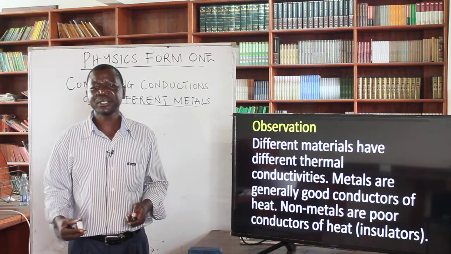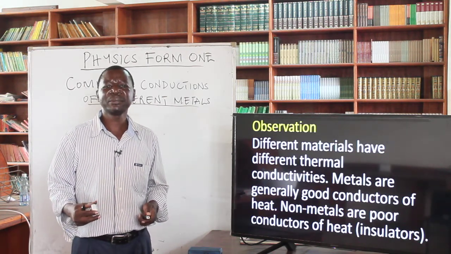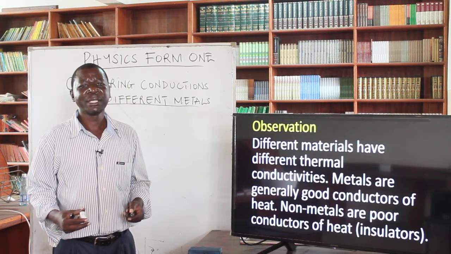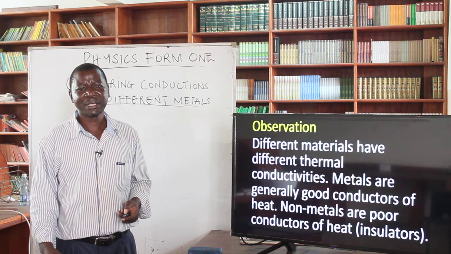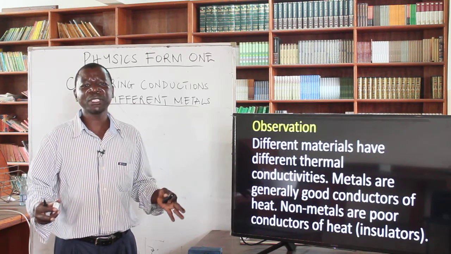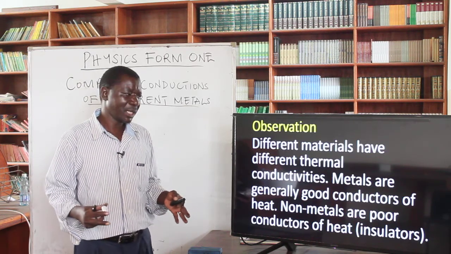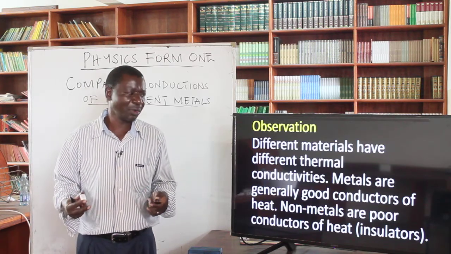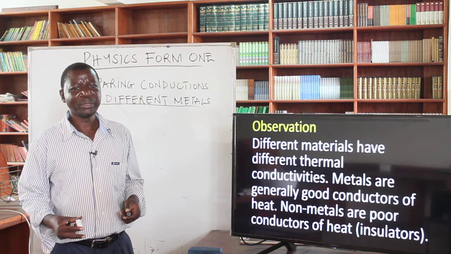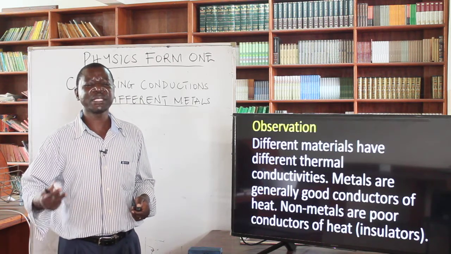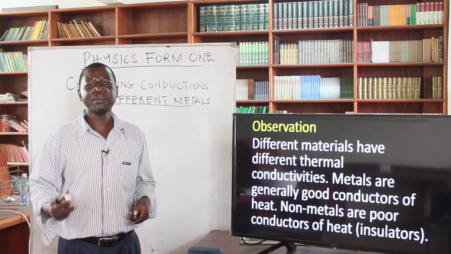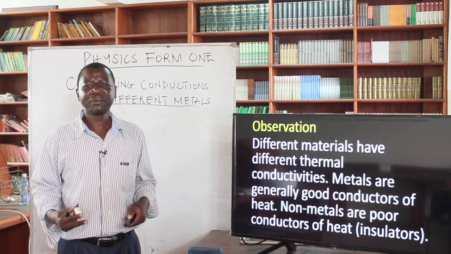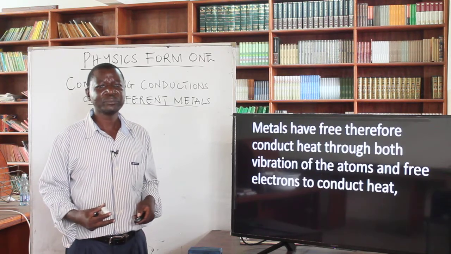In fact, glass took much longer time, which we could not show here because it is a poor conductor. So generally, metals are good conductors of heat, while non-metals are poor conductors. We call them insulators because they do not conduct heat, while metals conduct heat, although at different rates, as we have seen from our experiment.